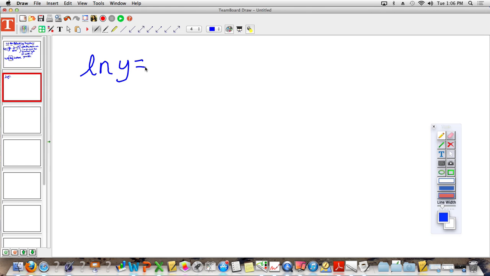I am only rewriting right now, and as long as I do it to both sides, I am not creating anything that's not legal in math. So we have the ln of y is equal to the ln of, what is it, you guys? x minus 2 squared over the square root of what? x squared plus 1.